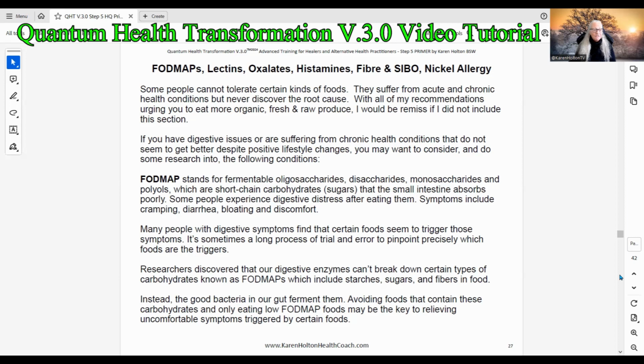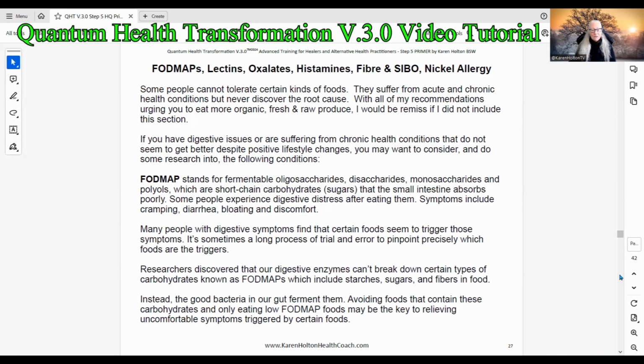So one is called FODMAP, and it stands for fermentable oligosaccharides, disaccharides, monosaccharides, and polyols, which are short-chain carbohydrates or sugars that the small intestine absorbs poorly.